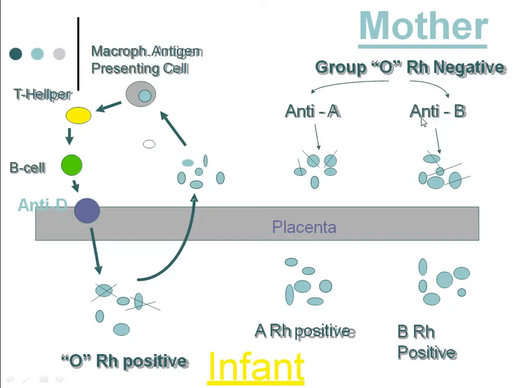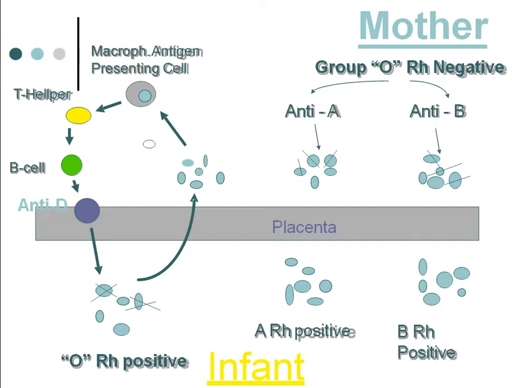But her blood has antibodies against these B positive cells, so it will destroy them. In the same way, if the blood group of the baby is A positive and it goes there, it will be destroyed.